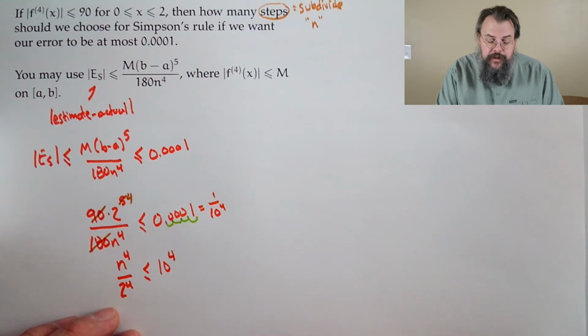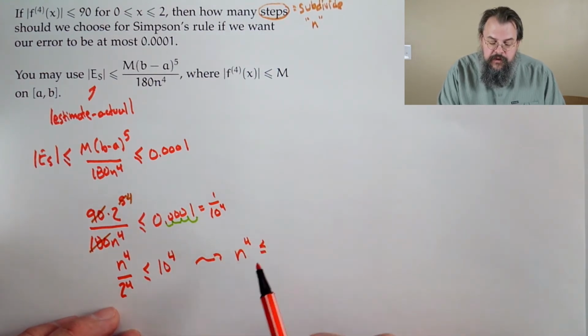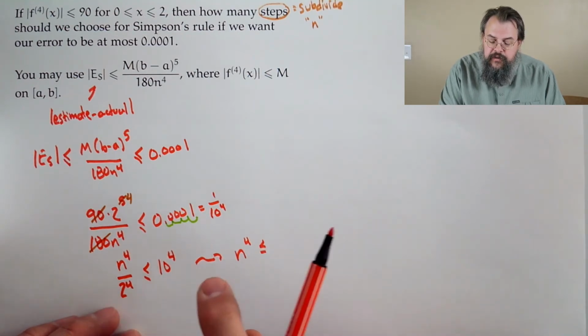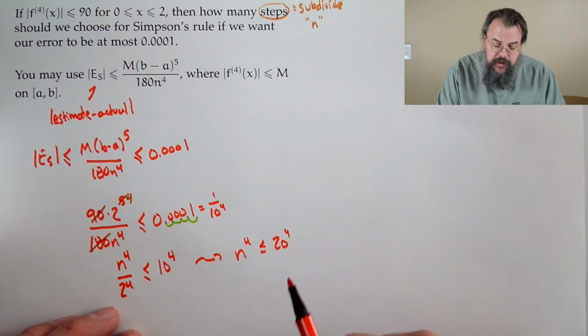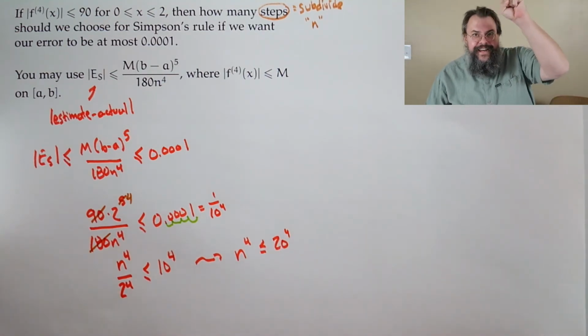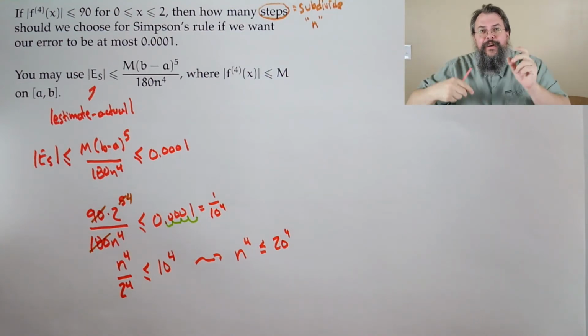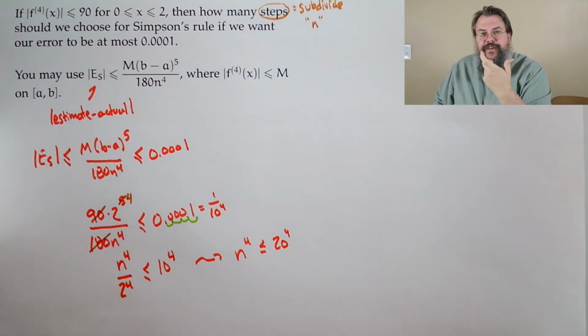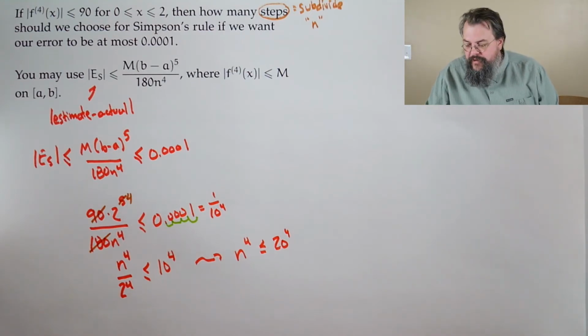All right, well, good. So n to the fourth is less than or equal to, multiplying the 2 to the fourth across, 2 to the fourth times 10 to the fourth is 20 to the fourth. And, I did it again. I forgot, right? When you flip, your inequality has to change directions. Now, I could spot that something was off because, well, it's me.